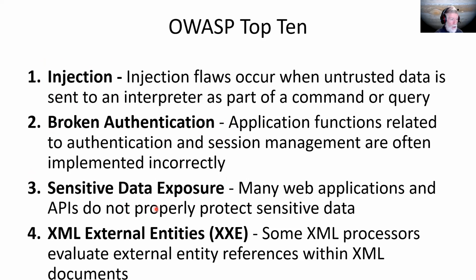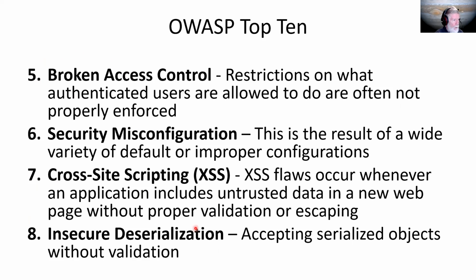That's part of that, it's just not encrypting things. HTTPS helps there. XML entities, access control, security misconfiguration. That often means just not making it secure, not configuring the system so that it is secure. Of course, we know about cross-site scripting.